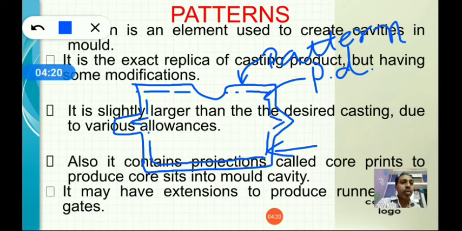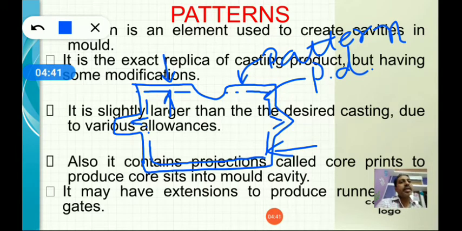The pattern is slightly larger, and this extra dimension is called allowances. We have to add some allowances to our patterns. These allowances are the main difference between the pattern and the final product.